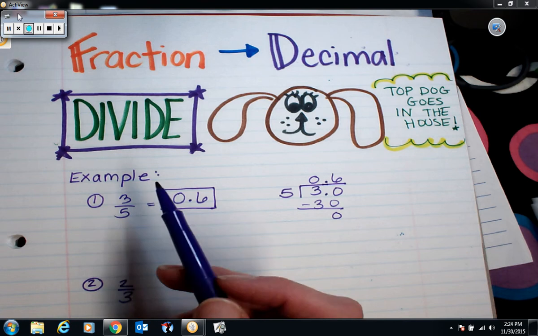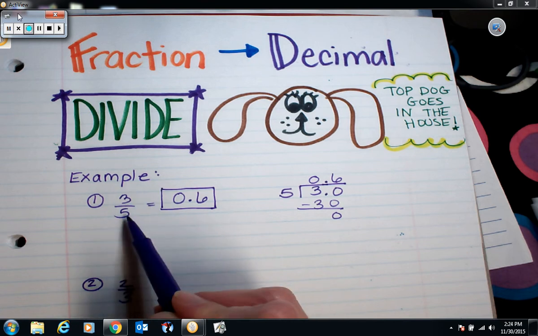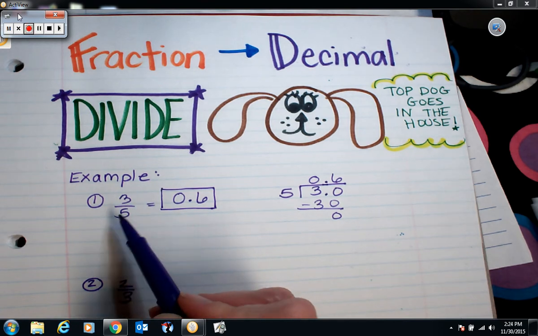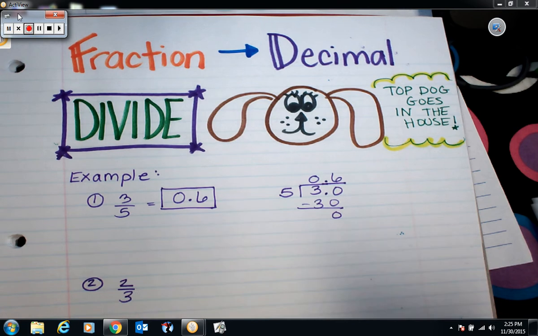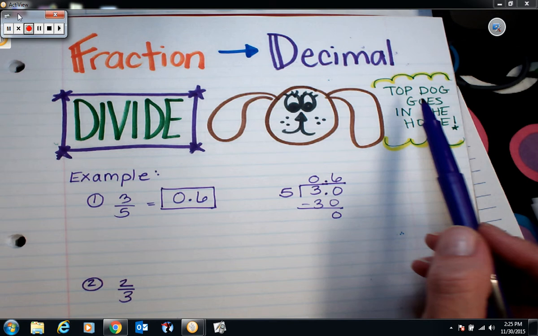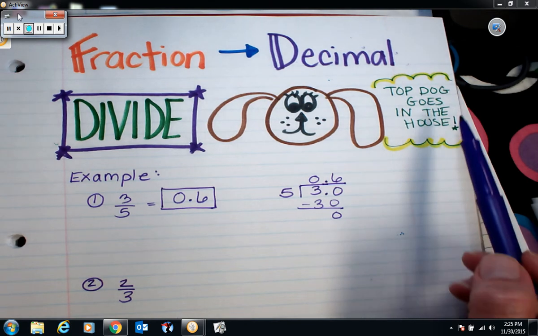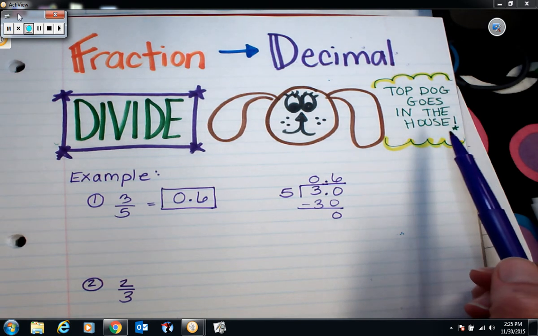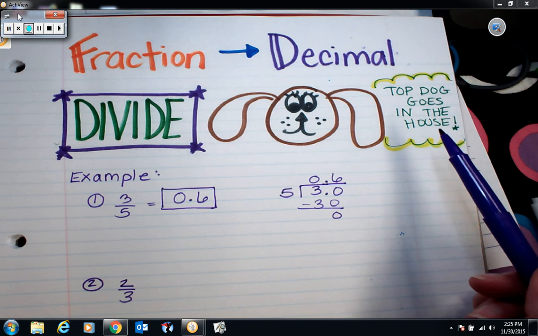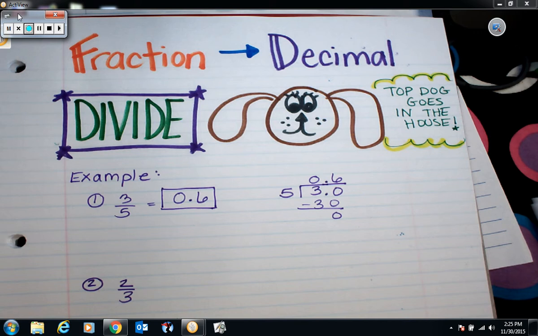So I'm going to divide here 3 divided by 5. Sometimes it's tricky to remember which one is your dividend and which one is your divisor. So you can always remember that the top dog goes in the house. That means the number on top, my numerator, goes inside that division house. The numerator will always be your dividend and the denominator will be your divisor.